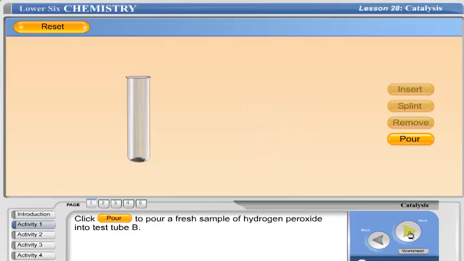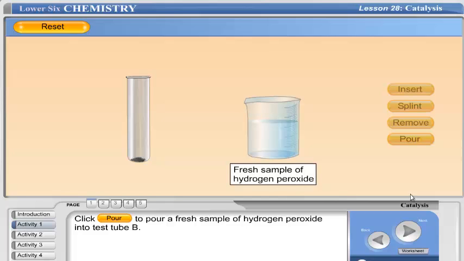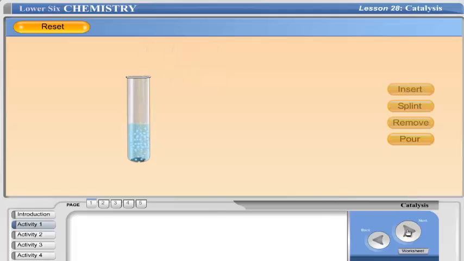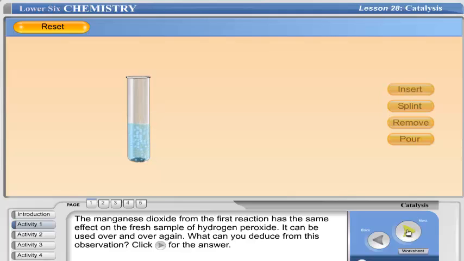Click the Pour button to pour a fresh sample of hydrogen peroxide into test tube B. The manganese dioxide from the first reaction has the same effect on the fresh sample of hydrogen peroxide. It can be used over and over again.